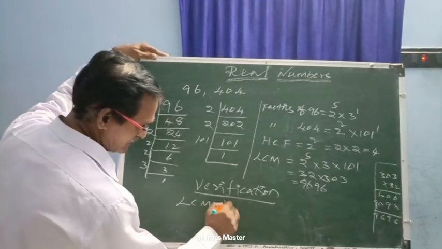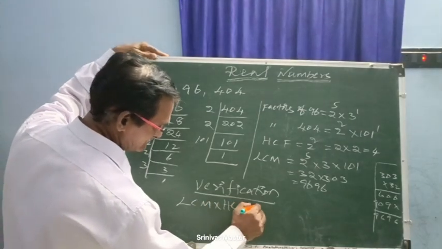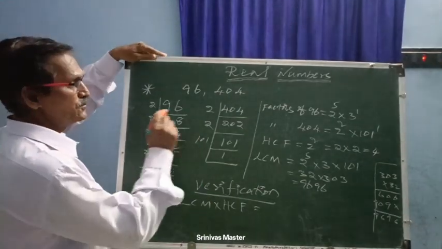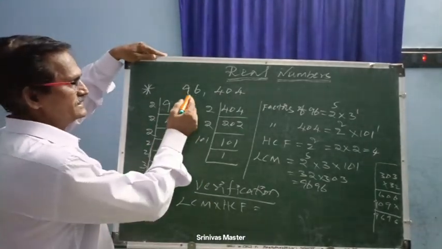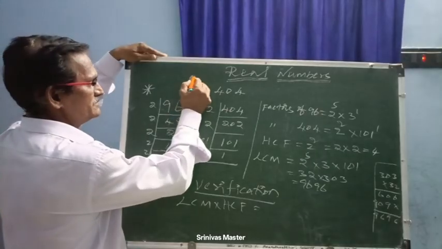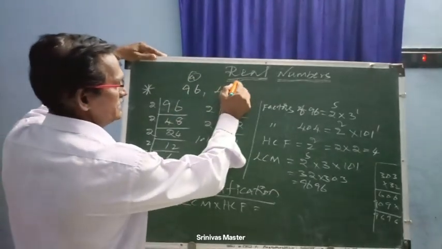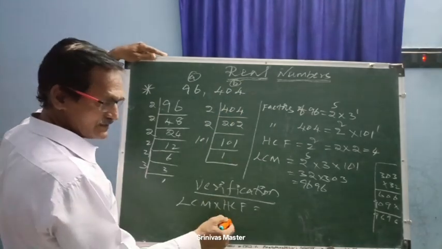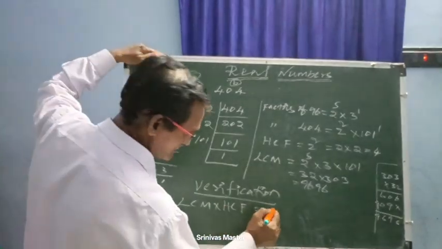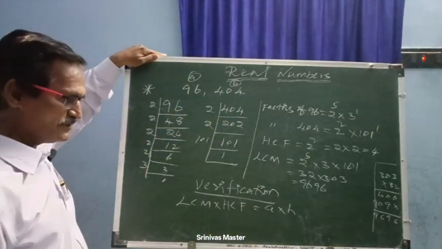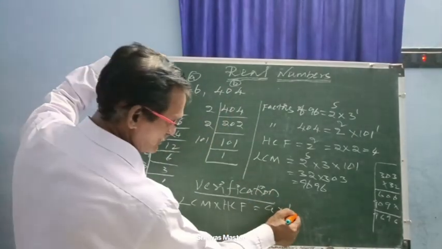LCM into HCF is equal to the product of two numbers. Suppose the first number is A and the second number is B. In short form, the product of two numbers is simply A into B. LCM into HCF is equal to A into B.